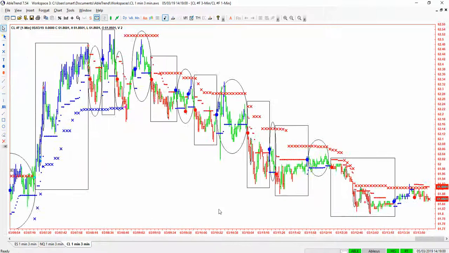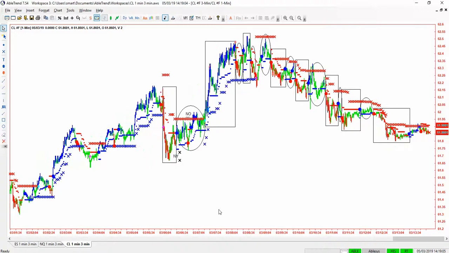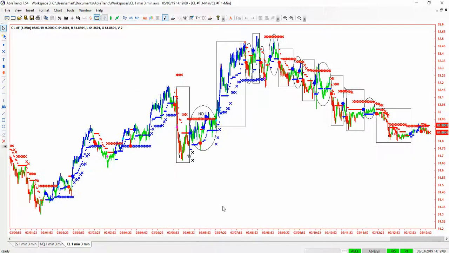Crude oil, which you hear about all the time in the market news and everything. If you listen to market news all day like I do, CNBC, or listen to Bloomberg. Okay, how many no trade zones here? 1, 2, 3, 4, 5, 6, 7 no trade zones.